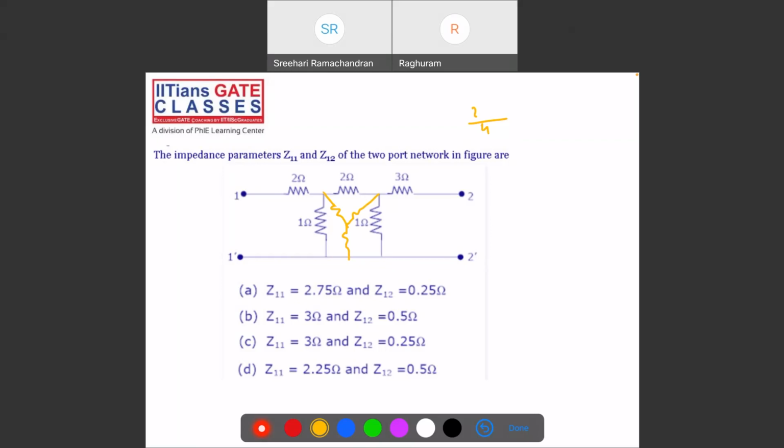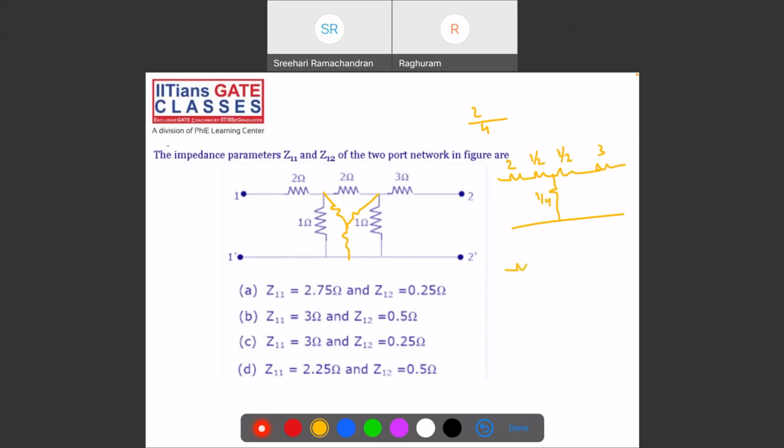So this is 2, 3. Inner delta, this is 2 by 4, 2. This is 1 into 1 by 4, 1 by 4. This is 1 into 2 is 2 by 4 again. This is 1 by 2. Understood? Delta to star conversion.